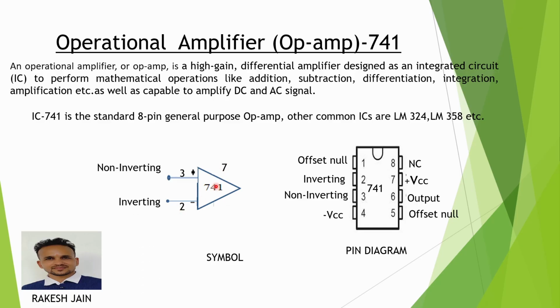The seventh pin should be connected with the positive supply voltage, generally 12 to 15 volt, plus VCC pin. This pin is the fourth pin, that is minus VCC pin. And this one is the sixth pin, that is my output pin.